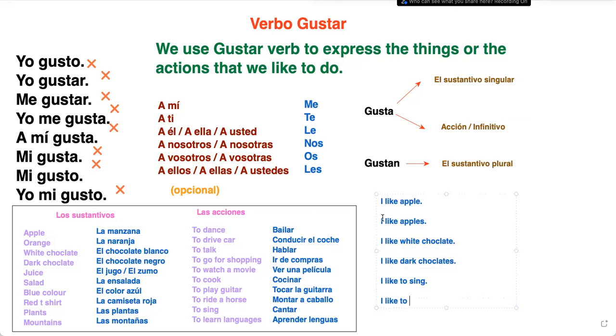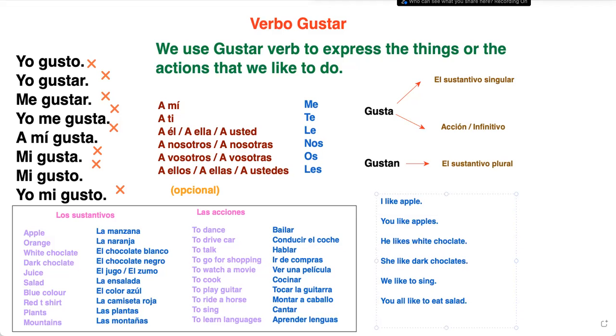Instead of I, let me change it. You, he likes, she, we, you all eat salad.